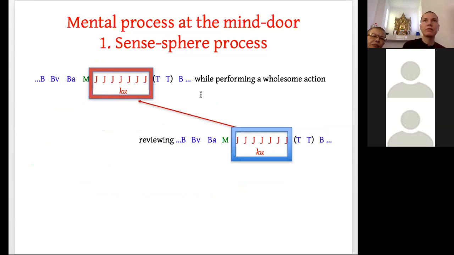What one is reviewing is the state of mind that was there while performing that action, the wholesome states that were arising. Say one was happily helping someone, giving a hand.